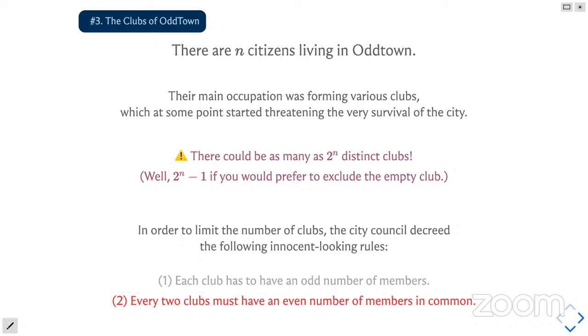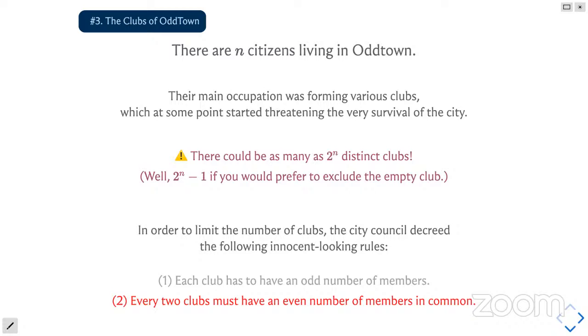And now notice that if you pick any pair of clubs, the number of common elements can also be thought of as a collection of couples, because couples attend or choose to not attend a club together. So the number of people present together in a pair of clubs is also a collection of pairs, making them even.